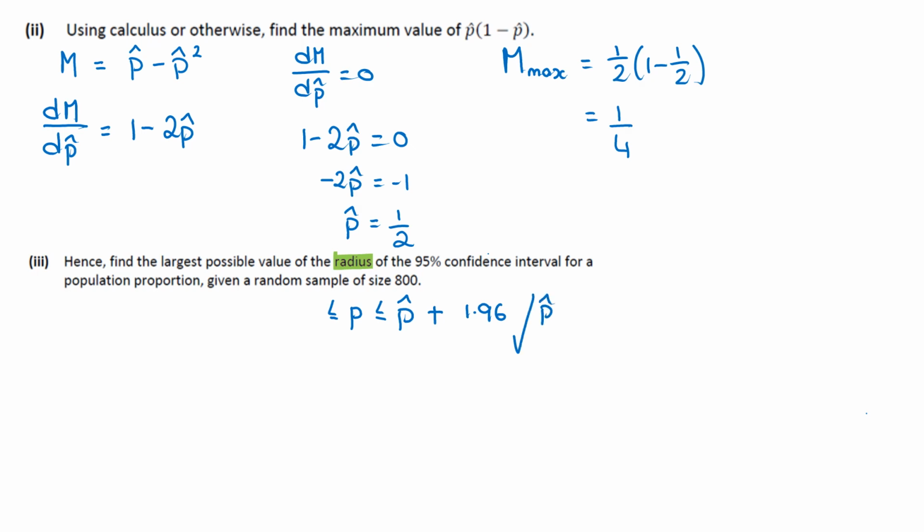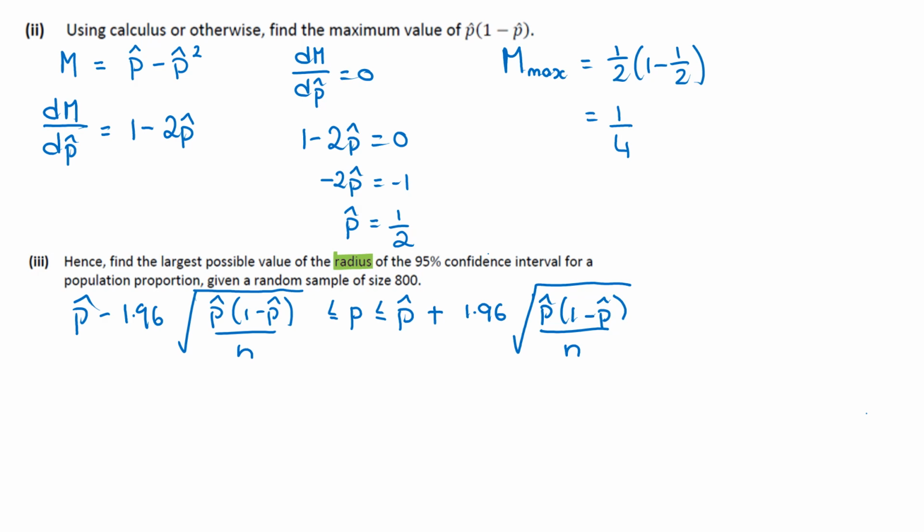So we get the square root of p hat 1 minus p hat all over n, and this is p hat minus 1.96 times the square root of p hat 1 minus p hat all over n. So that is the confidence interval.